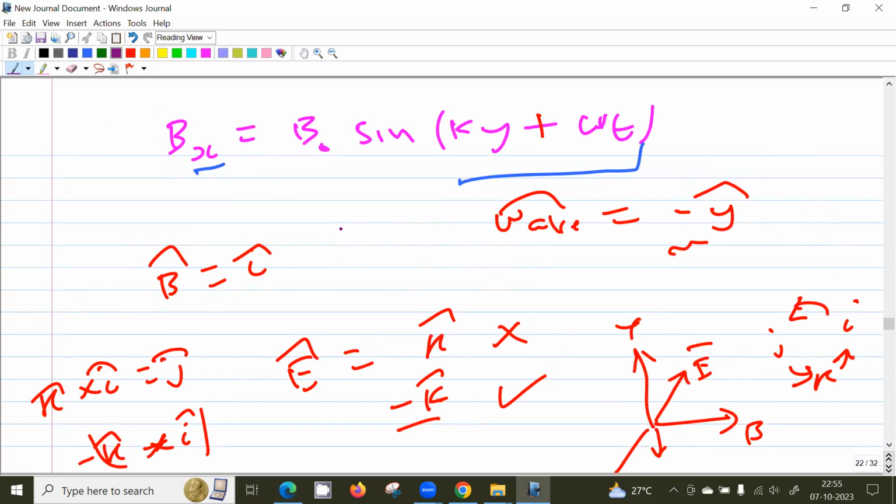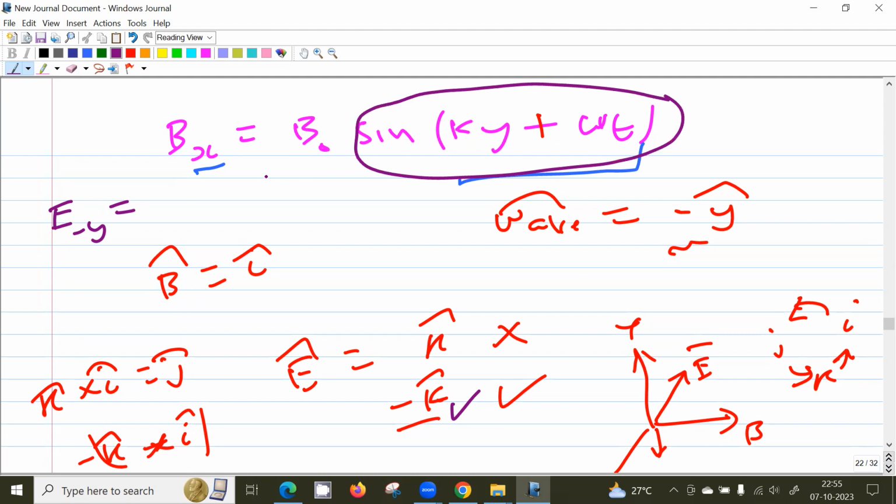Suppose I'm given this Bx, I can find E, the electric field corresponding to the electromagnetic wave. First, I figured it's along the minus k cap, so E is along minus y. This function form should be the same, sine of omega t minus this one.